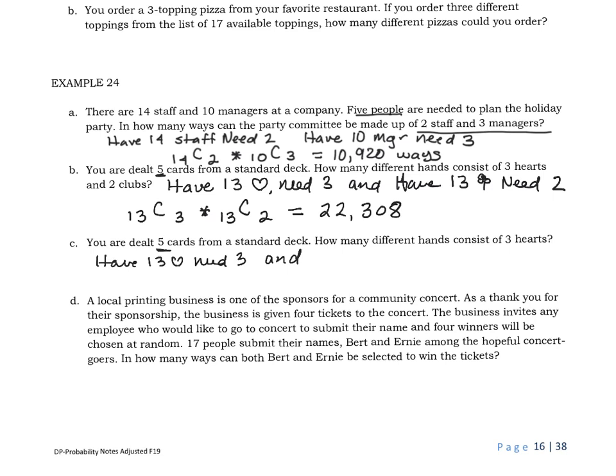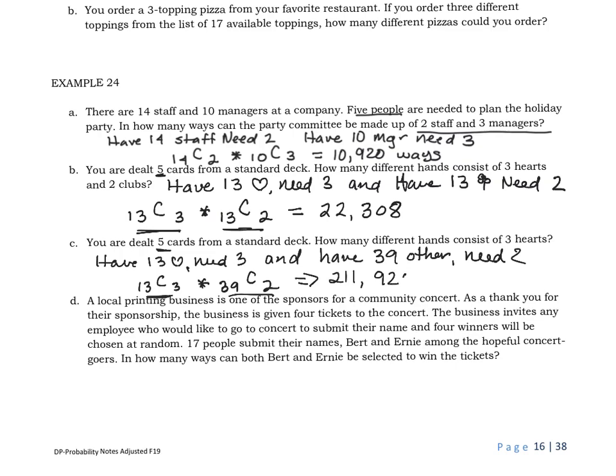So we have 39. I'm going to call them other. And we need 2. Okay? So we have 13C3 and in this case 39C2. So this one has exactly 3 hearts, 2 clubs. This has 3 hearts and 2 anything else. So that will give us, and we should expect a higher number here, shouldn't we? 211,926.